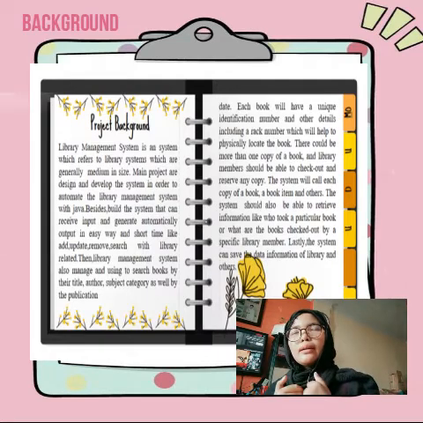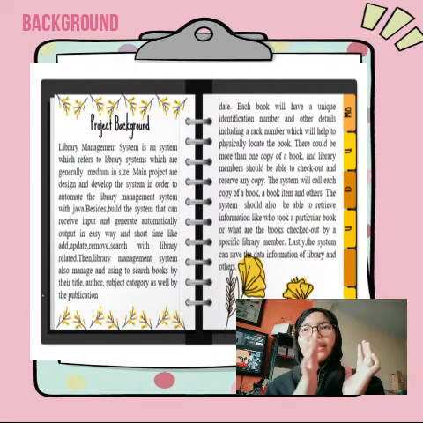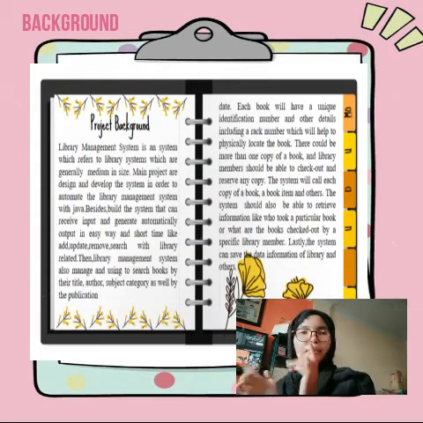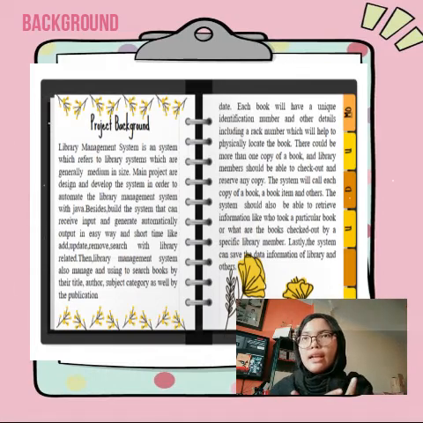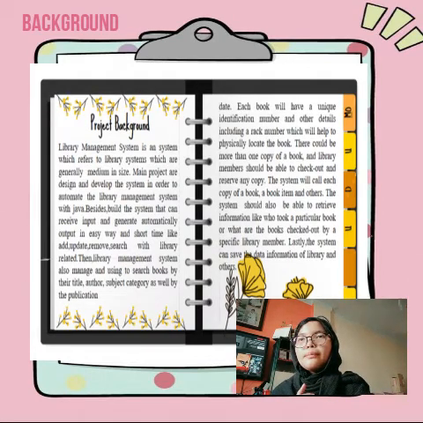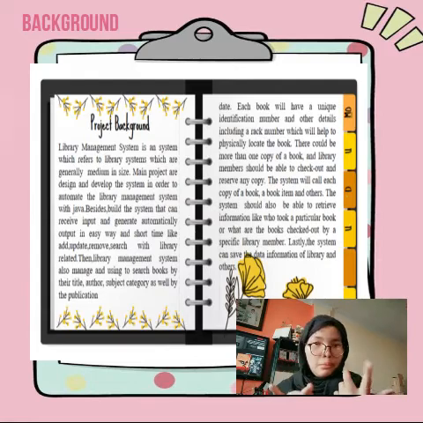And then each rack will have a rack number that helps to locate the book. In a library, there will be one or more copies of a book. So a library member should be able to reserve and check out a copy of a book.